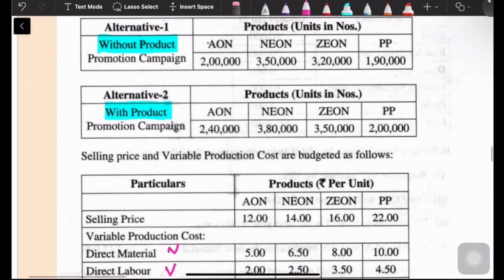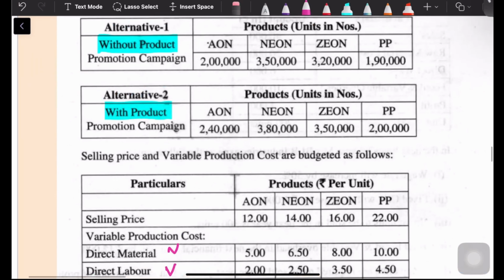So which is the first rank? First rank is neon. So therefore I will first produce maximum units, which is 3,80,000. Now I'll write balance hours here.